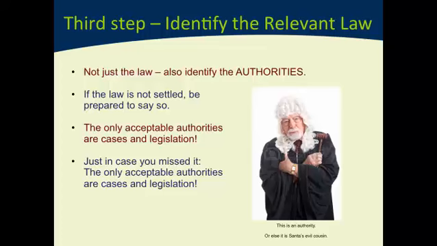It's not good enough, though, just to say what the law says. You need to also identify the authorities. So you need to be able to say which cases or which statutes actually provide the statement of law that is relevant to this particular issue.